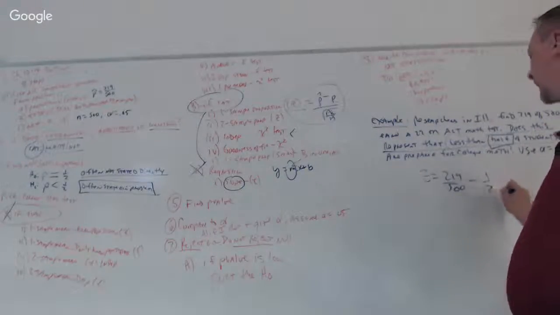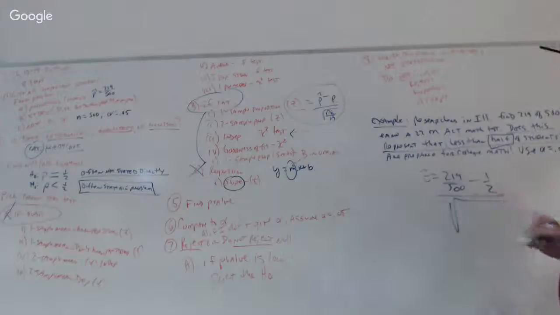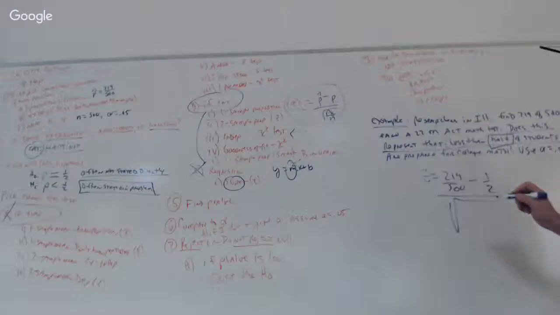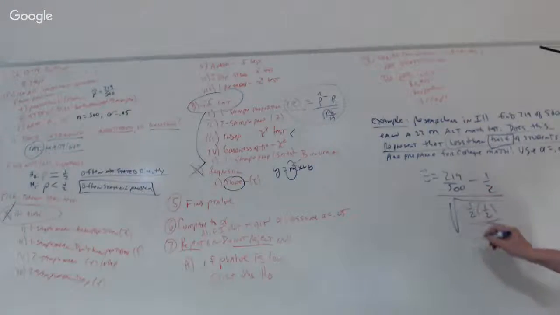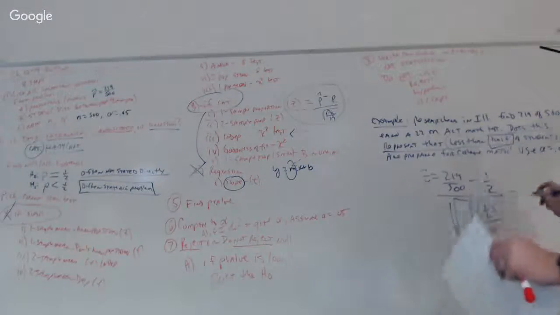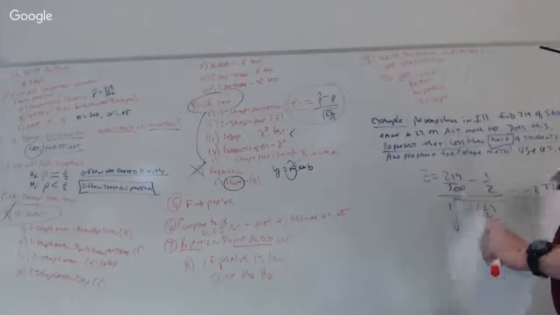One half, divided by the square root of 1/2 times 1/2 over 500. Okay, we'll punch that in our calculator, and theoretically we will get negative 2.77.